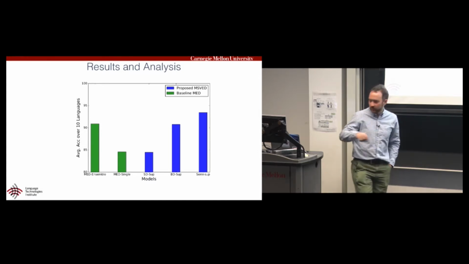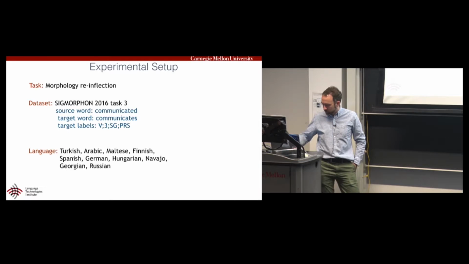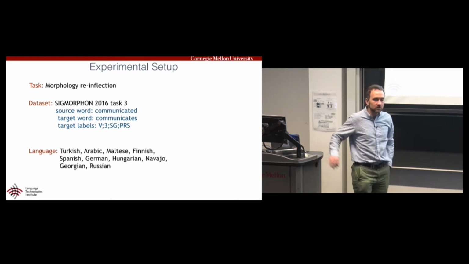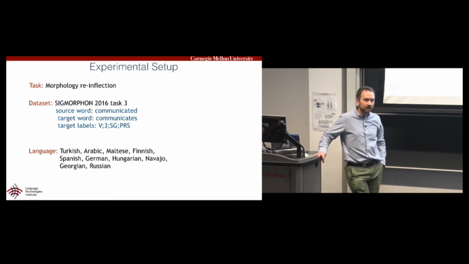And that's really important for this task, because basically our job is to go from the source word and the target labels into the target word. But if you forget about the transformation from communicated to communicates, just like an autoencoder, what is the accuracy you're looking at? That's a good question. If it was just an autoencoder, I think you could probably get it to work pretty well, but I don't think we actually tested that.